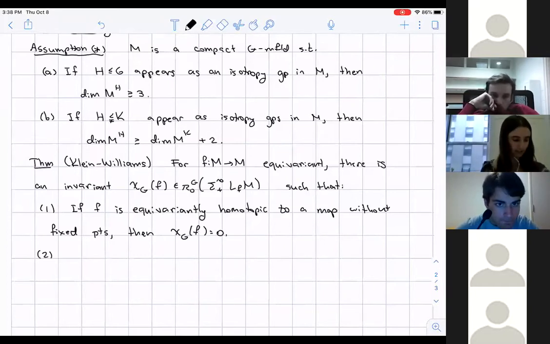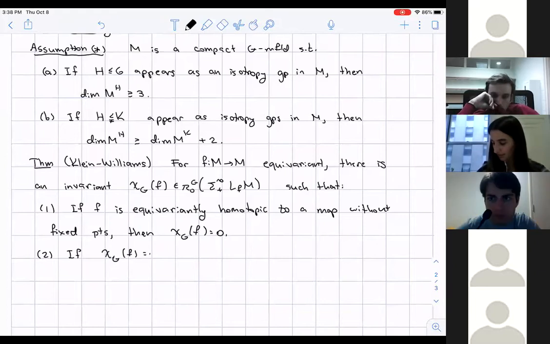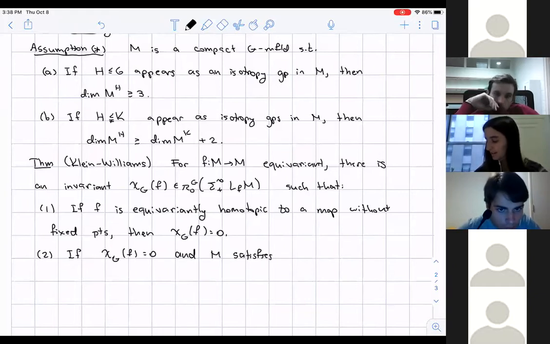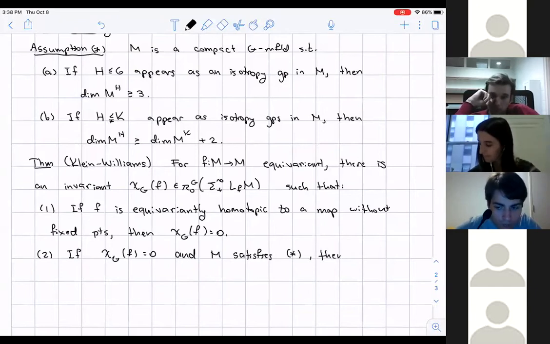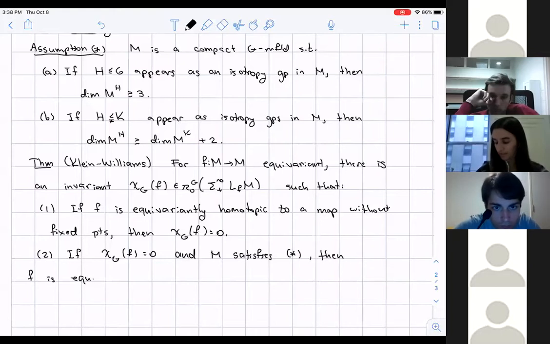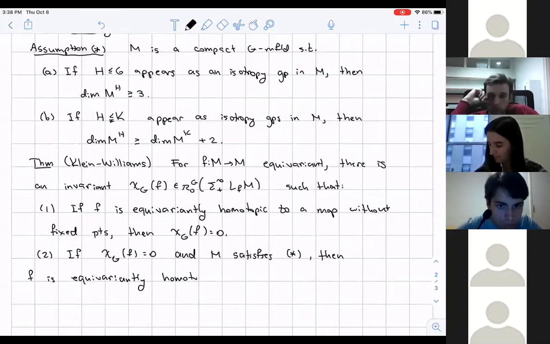And then the converse is that if this invariant chi_G(f) is 0 and the manifold M satisfies the assumption star above, then f is equivariantly homotopic to a map without fixed points.